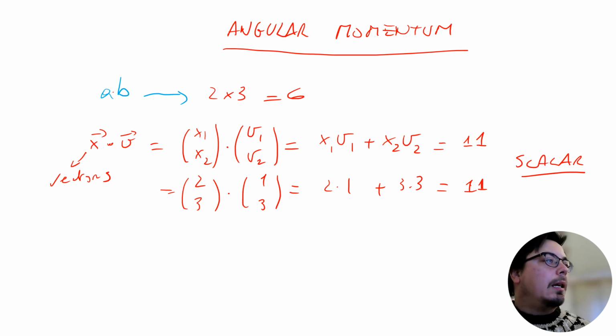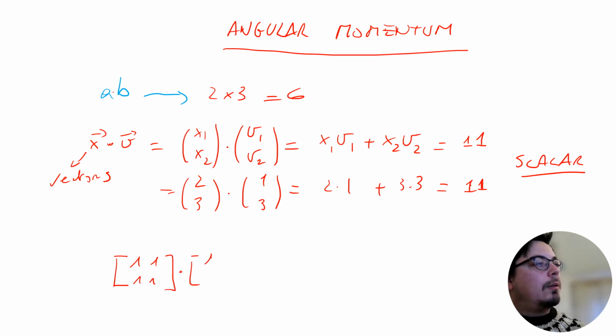But we saw worse than that. We saw a product that does not go into numbers. For example, we have this product here, a matrix 1, 1, 1, 1 times the vector 1, 1. If you remember, the product is 1, 1. And this is a product between a matrix and a vector.